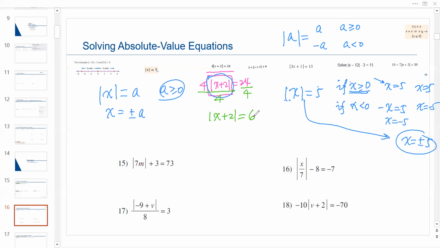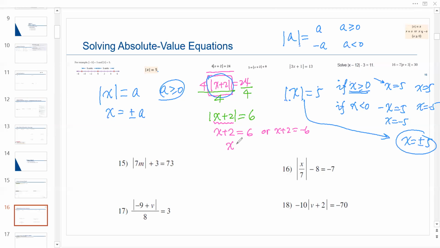So right now we want to get rid of the absolute value. You can see x plus 2 can be equal to 6, or x plus 2 equals negative 6. Do you notice that? We consider this as one part, so when we get rid of the absolute value, it can possibly be 6, or it can be negative 6, which became 6 after absolute value.